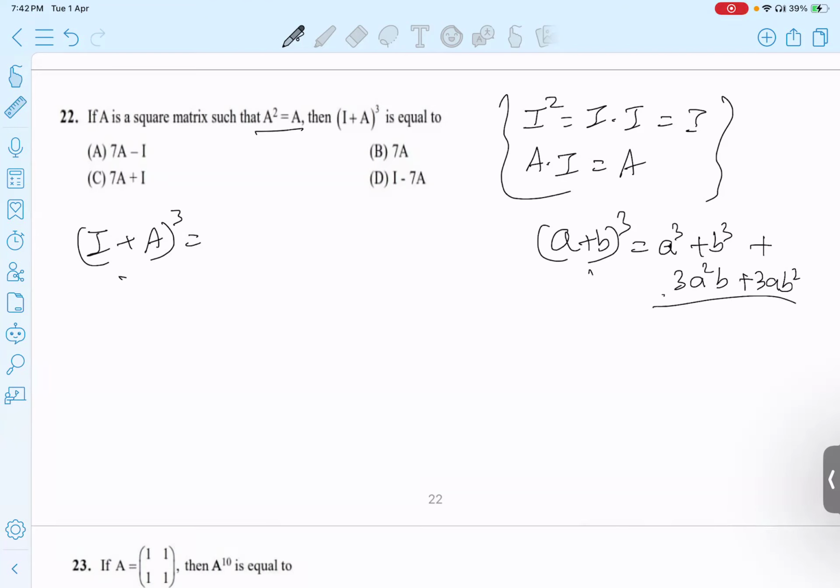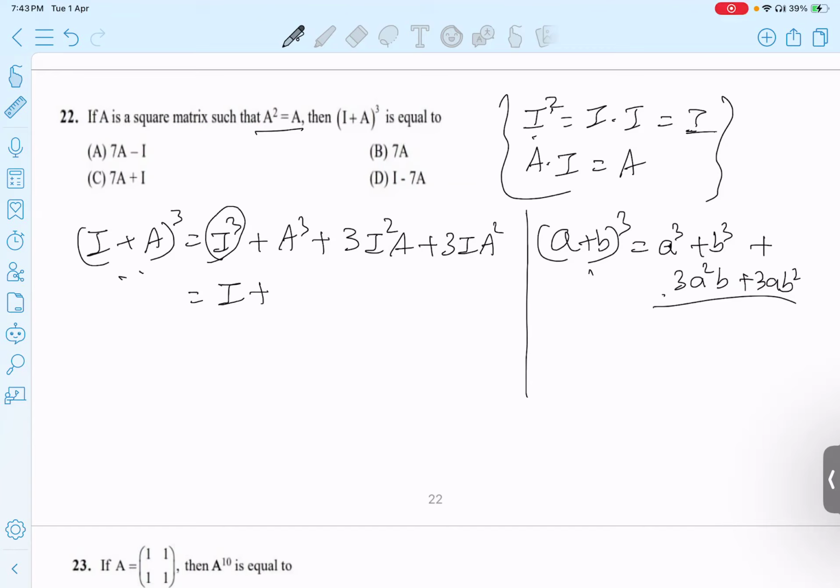So if I compare these two, I'll get I cube plus A cube plus 3 I square into A plus 3 I into A square. Now, what is I cube? I told you I square is I only, so I cube is also equal to I. A cube can be written as A square into A.